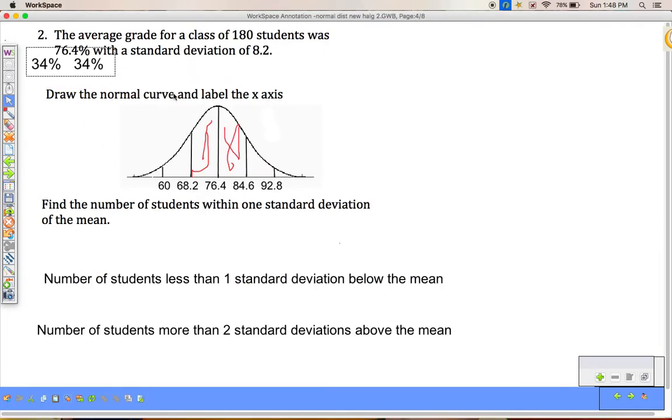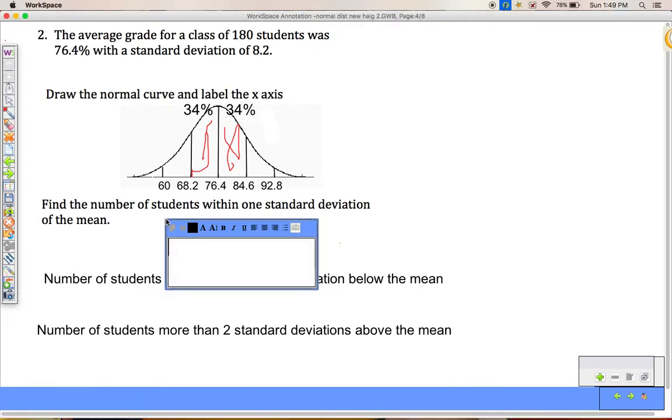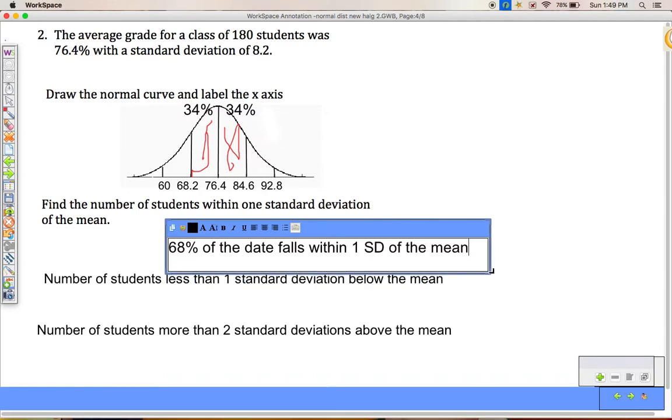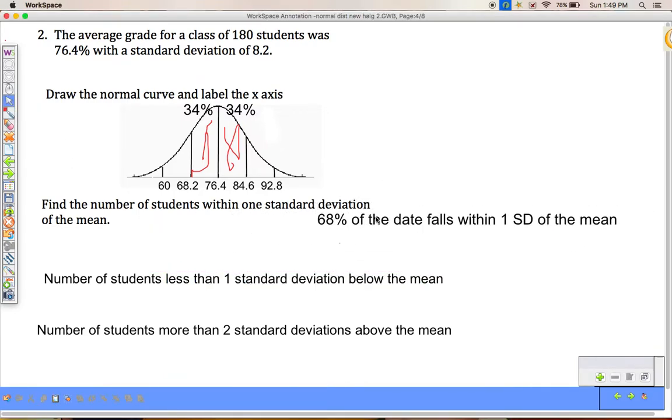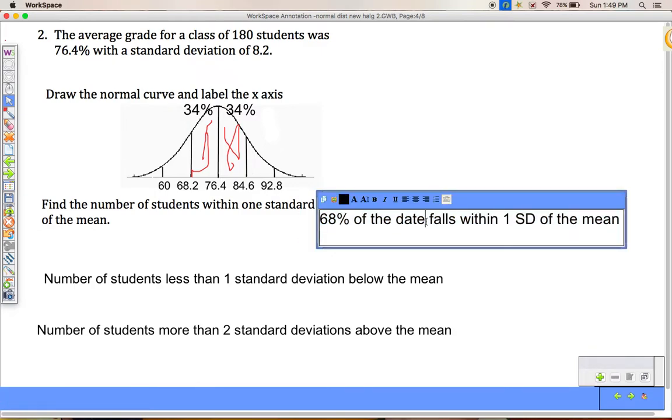So 68% of my data falls within 1 standard deviation of the mean. All right, that's what we need to realize.